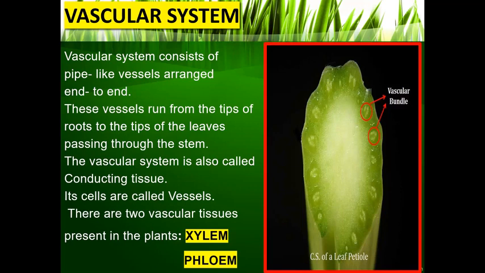It is through these tubes that the transport of materials takes place. These vessels run from the tip of the roots to the tip of the leaves passing through the stem. Its cells are called vessels. There are two vascular tissues present in the plants, xylem and phloem.